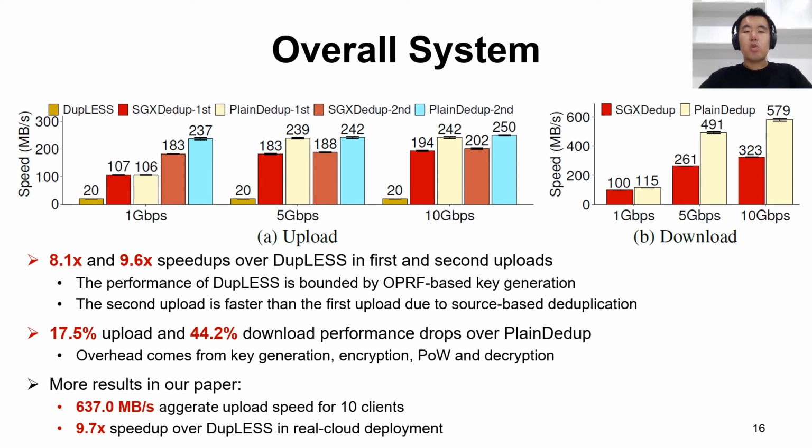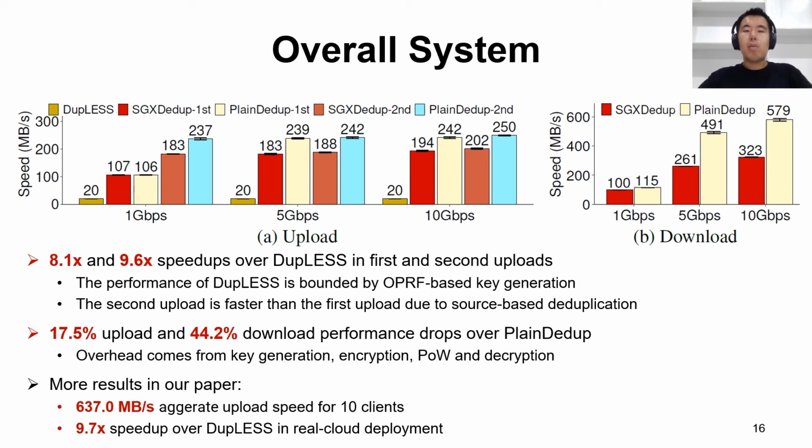The right figure compares the download performance. We do not present the result of Duplus since its download mechanism is identical with SGXDedup. We see that SGXDedup incurs 44.2% performance drop from plain dedup due to the security mechanism.